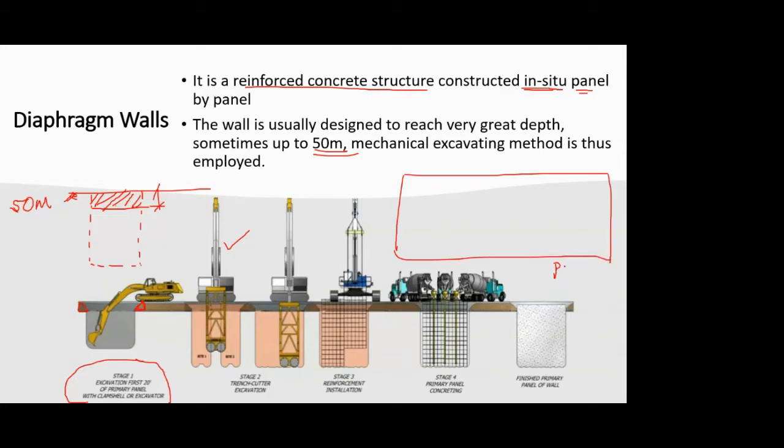And I'm showing you the plan, that is the top view. And suppose I want this much area to be excavated. Okay? But the soil is of such nature that if I directly excavate this, I am not going to get a stable slope. So what I will do is, I will first excavate its periphery.